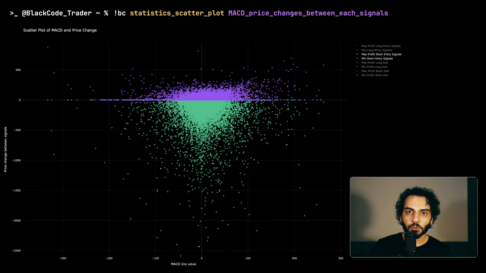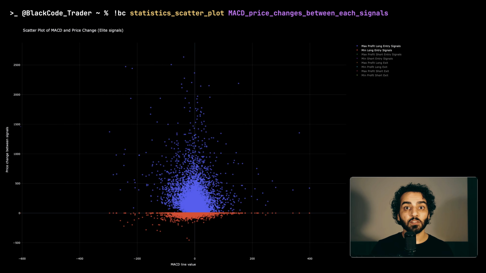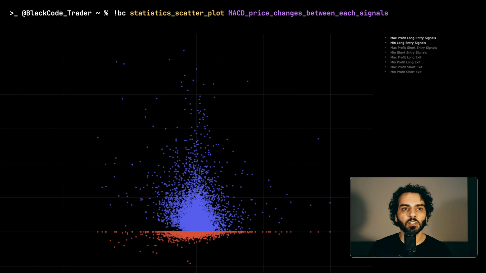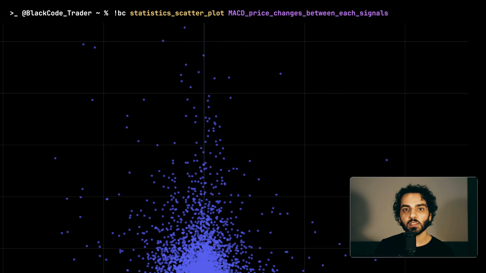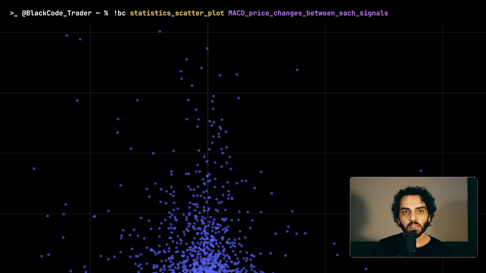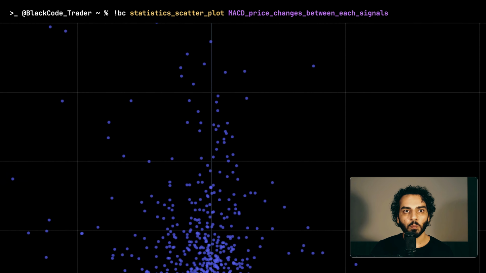This is also the same for short signals. So I went further and picked the signals that returned more than a 3-to-1 risk to reward ratio, the signals that we are really interested in. But again, all are suggesting that when the cross happens in MACD, it's much better if the cross is near the zero line. I also filtered out the losing signals to compare.